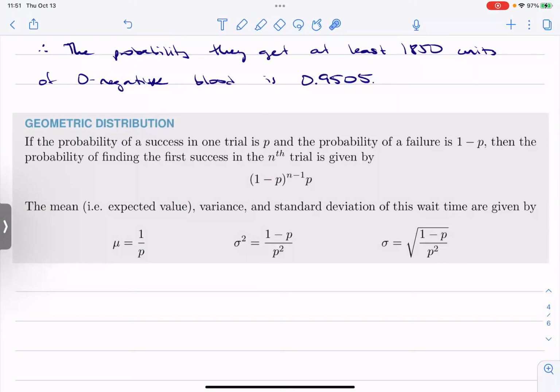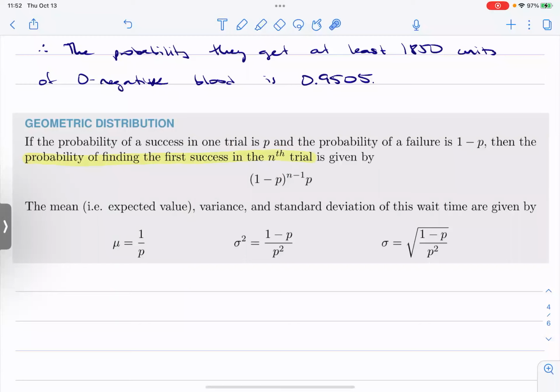What is the geometric distribution? We have the same setup as the binomial. In fact, we have the same conditions as the binomial. The probability of success on each trial is P and some probability of failure. Then the probability of finding the first success in the nth trial.